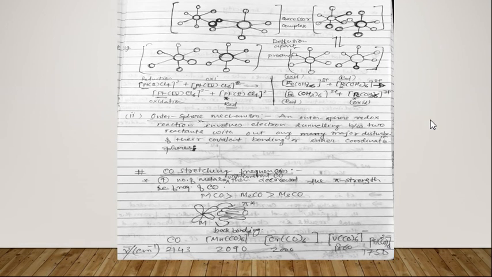what is the value of the stretching frequency of these species. If the force constant is more, then the stretching frequency will be high. If the force constant is low, the stretching frequency is low. If the effective mass is high, then the stretching frequency will be low.